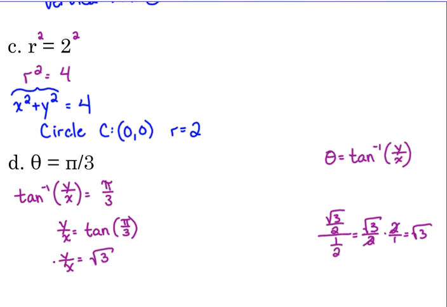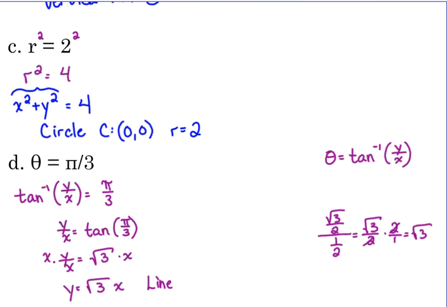And then we like our equations to be y equals. So multiply both sides by the x. So we get y is equal to the square root of 3x. Now, we're not used to really having square roots in our equations like that, but that is the equation of a line.